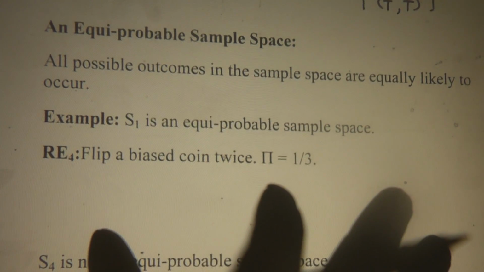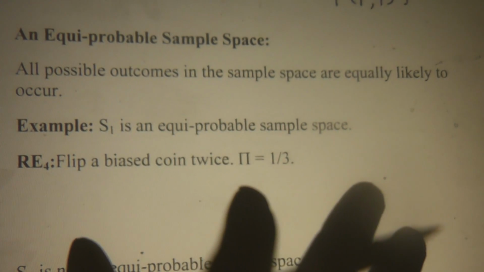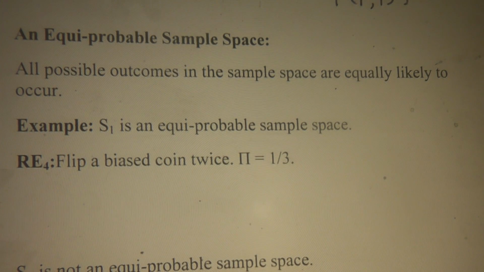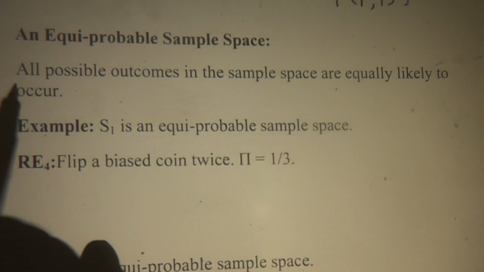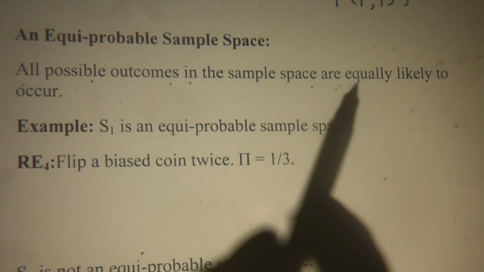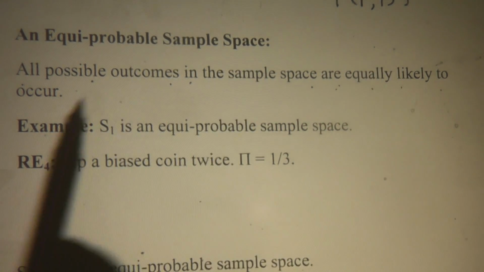Now, next one. We're going to introduce an equiprobable sample space. What is an equiprobable sample space? Definition: all possible outcomes in the sample space are equally likely to occur.